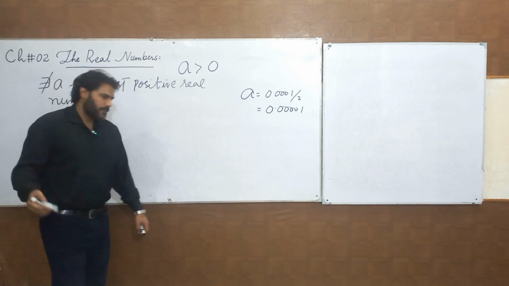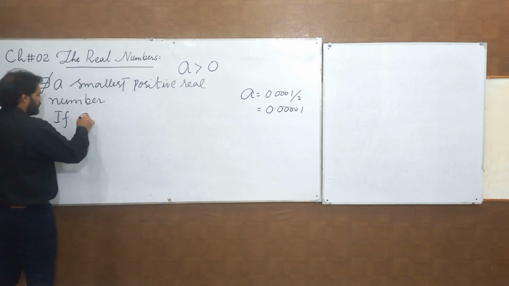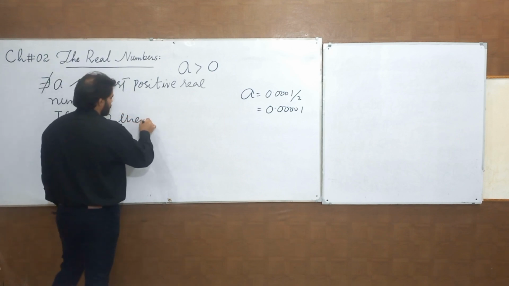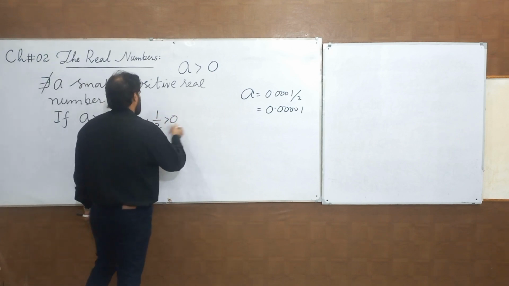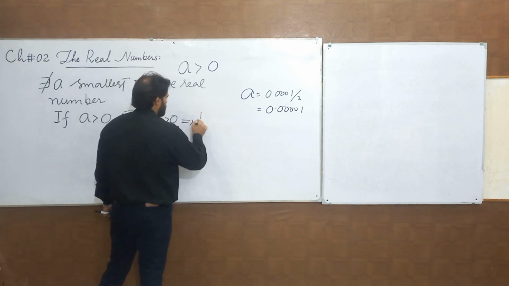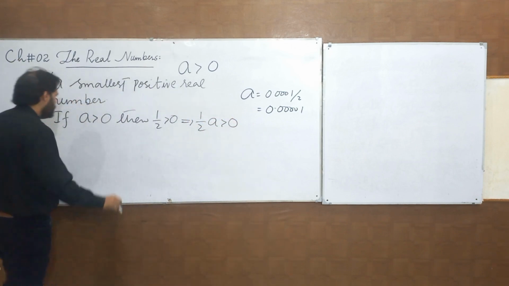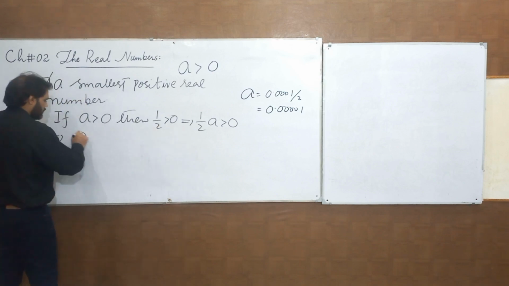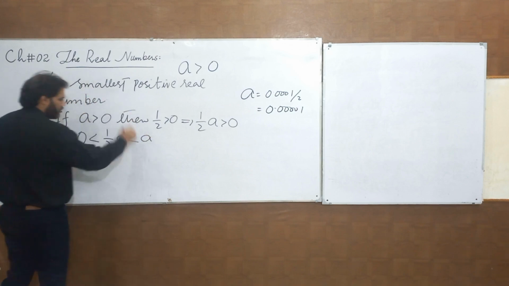It follows that if a is greater than 0, then clearly, as 1 by 2 is also greater than 0, this implies 1 by 2 into a is also greater than 0. This can be written as 0 less than half a, and half a is always less than a.